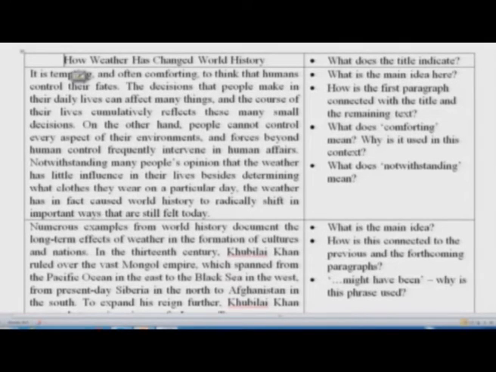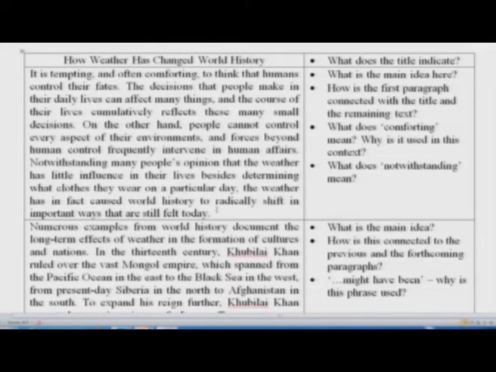On the other hand, people cannot control every aspect of their environments, and forces beyond human control frequently intervene in human affairs. Notwithstanding many people's opinion that the weather has little influence in their lives, besides determining what clothes they wear on a particular day, the weather has in fact caused world history to radically shift in important ways that are still felt today. Okay.